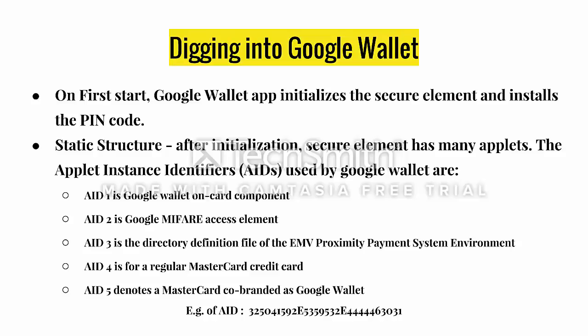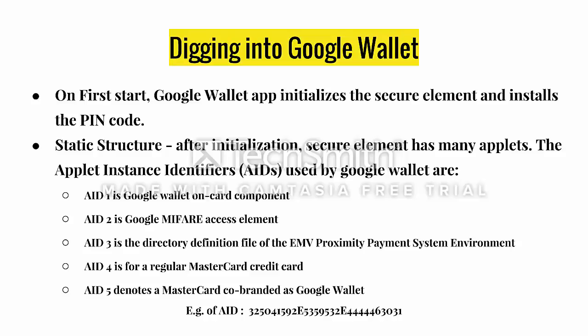Now, after successful initialization, several applets can be found on the secure element. The following is a list of applet instance identifiers, abbreviated as AIDs, that have been identified to be used by either Google Wallet during normal operation or by POS terminals during payment transaction.